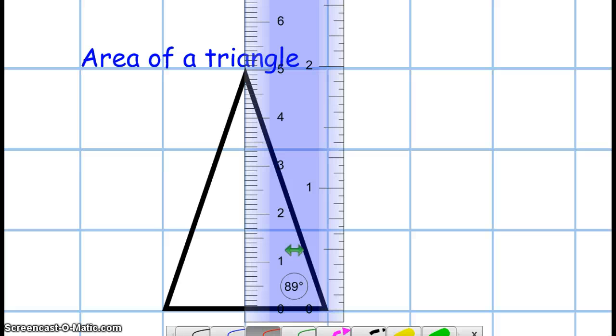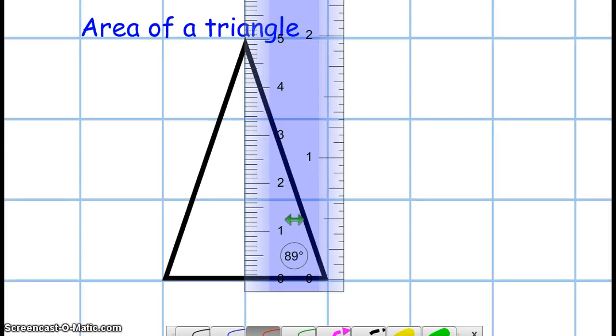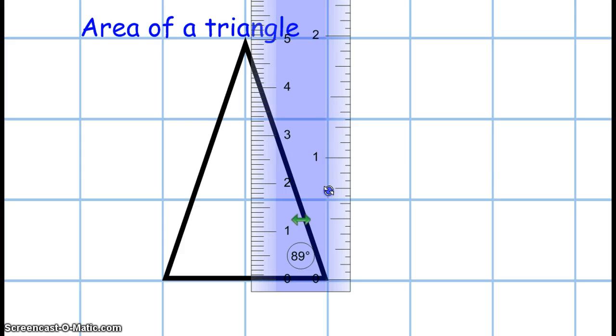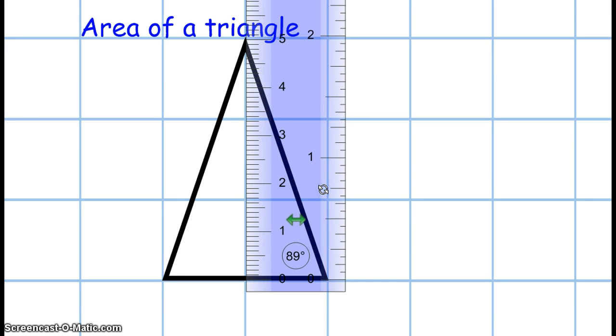Here is another instance where we're going to need to create a right angle. Now, let's take a look. We have this particular triangle. We'll see that we're going to be forming a right angle along the line here. So I'll go ahead and create that right angle.